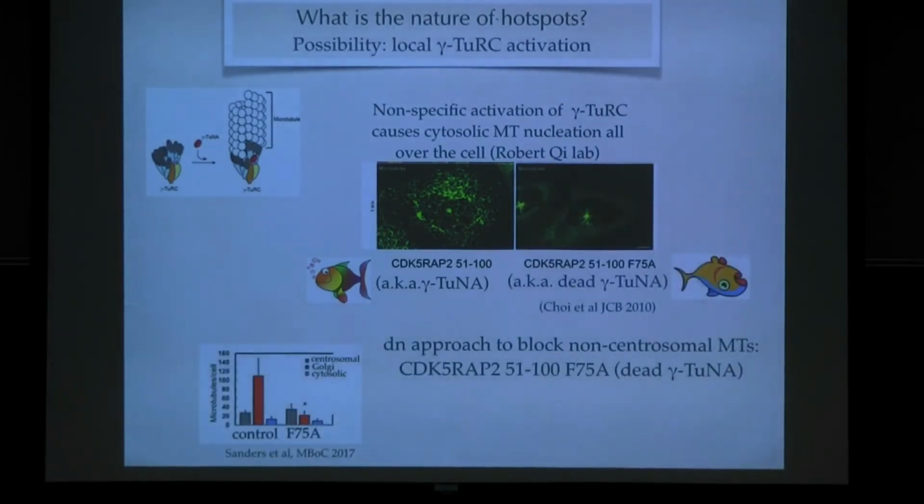And then we also have a mutant, which works as a dominant negative mutant of this domain, which significantly suppresses microtubule nucleation. Interestingly, it suppresses non-centrosomal cytosolic microtubule nucleation, but does not have such a strong effect on the centrosomal microtubules.